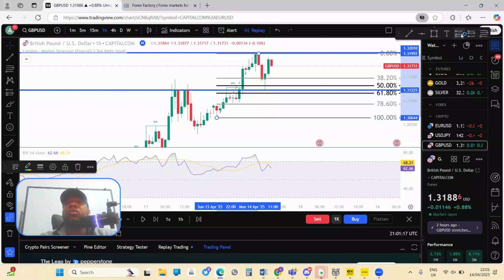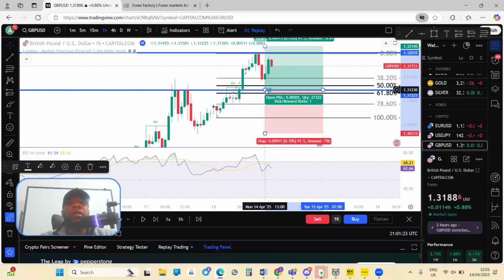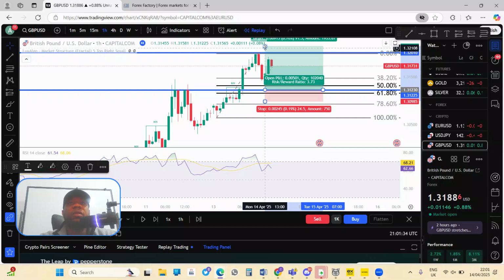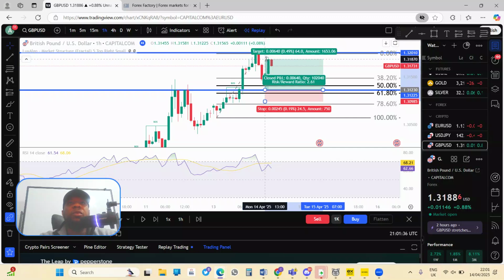So I took my long position around here, and the risk to reward ratio is very good. It's about 1 to 3 risk to reward, at this same point. I put my take profit at exactly 3190.